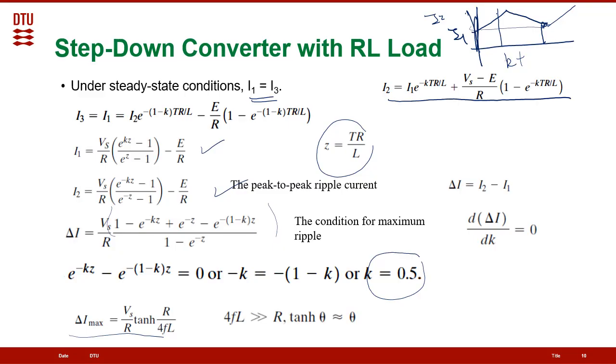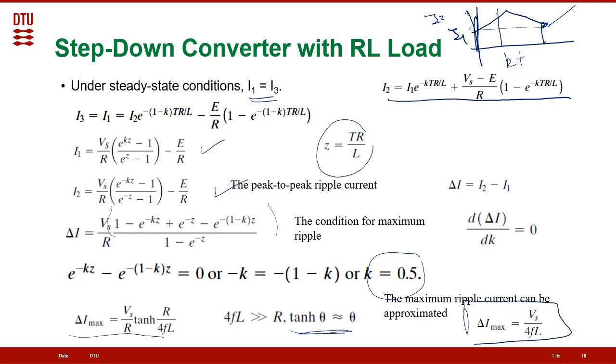Then, because the numerator will be much larger than R, using this trigonometric identity, we can see that we can substitute this with theta. This is very important for us. So from here we can see that the maximum ripple in the current for a step down converter is equal to Vs over 4FL.